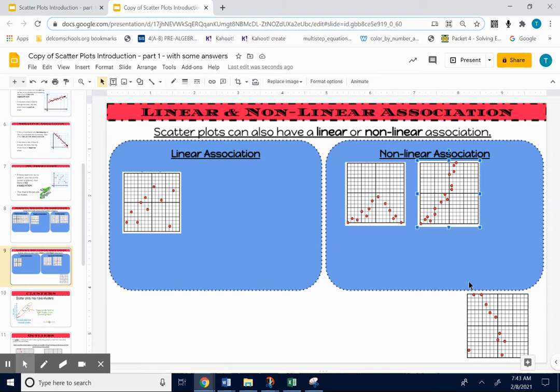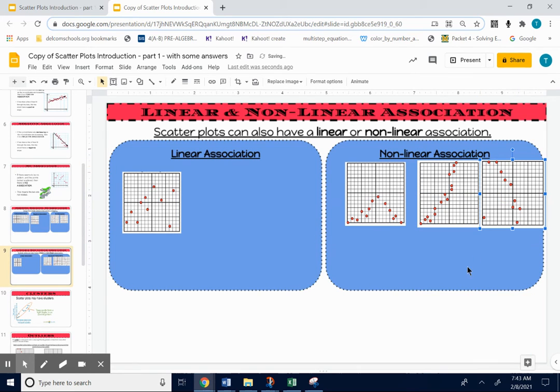And I can see that you could think that. This could be either way, because when I look at this, I see a curve. So I would say this is nonlinear. Just let me know if you have questions on any of these.